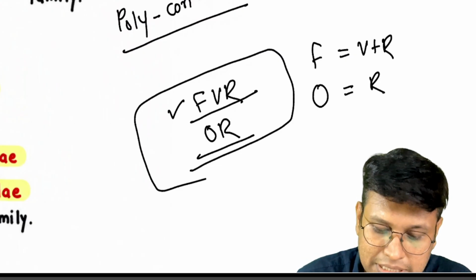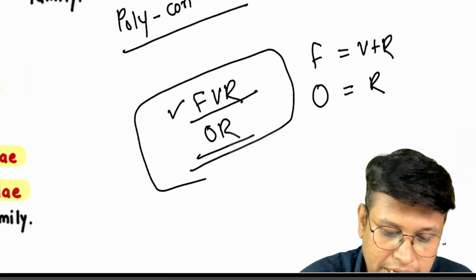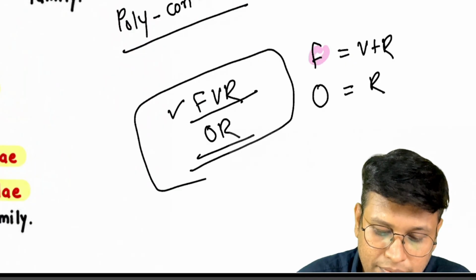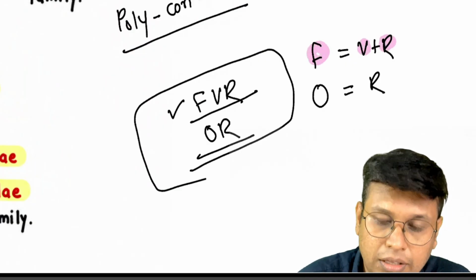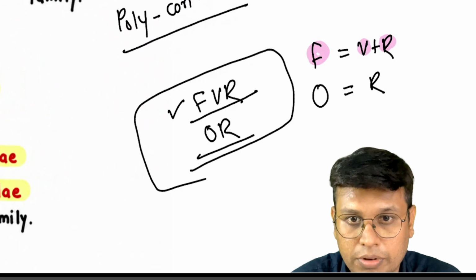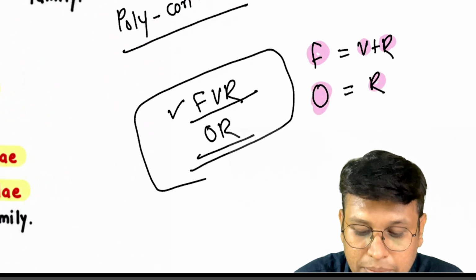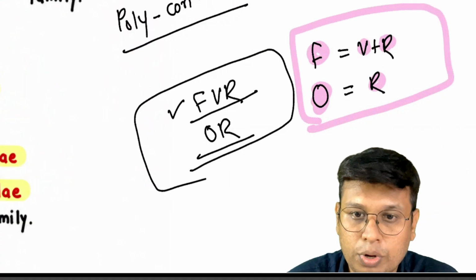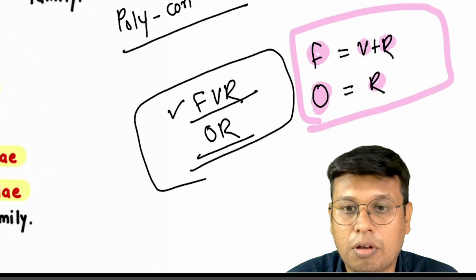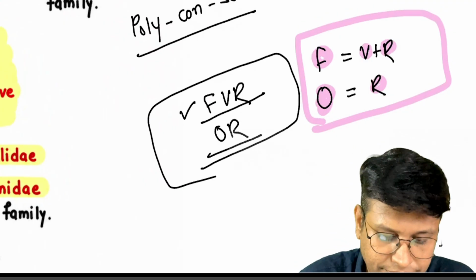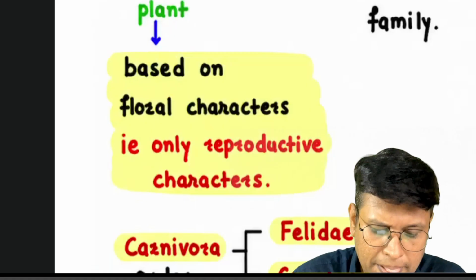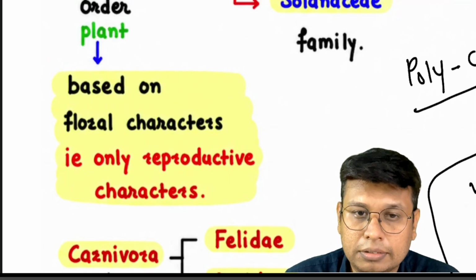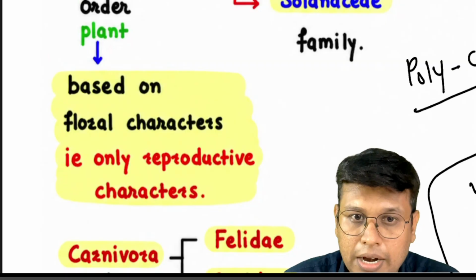These are the differences, because in family both vegetative and reproductive characters are considered. In order, only reproductive are considered. If you remember this, a sure-shot MCQ you can solve based on this. Again, plant order is based on floral characters.